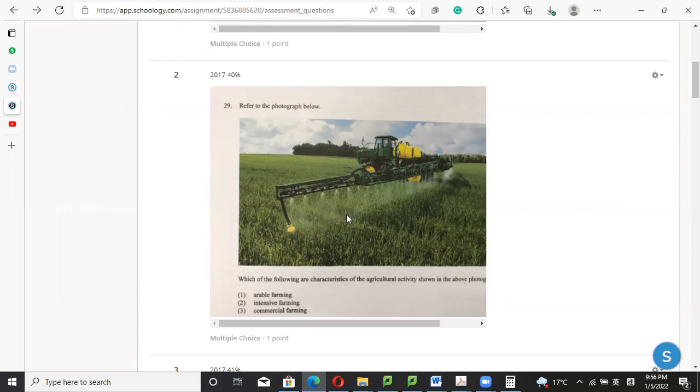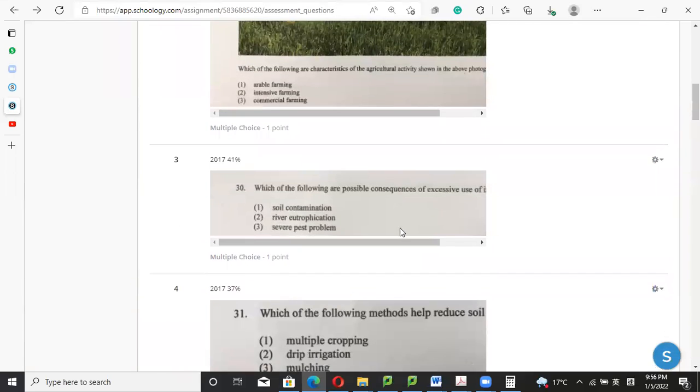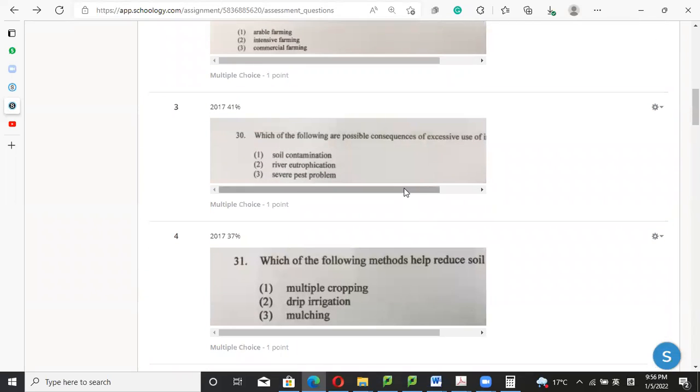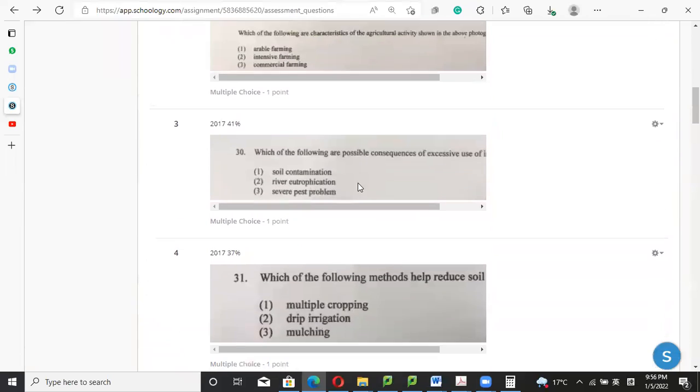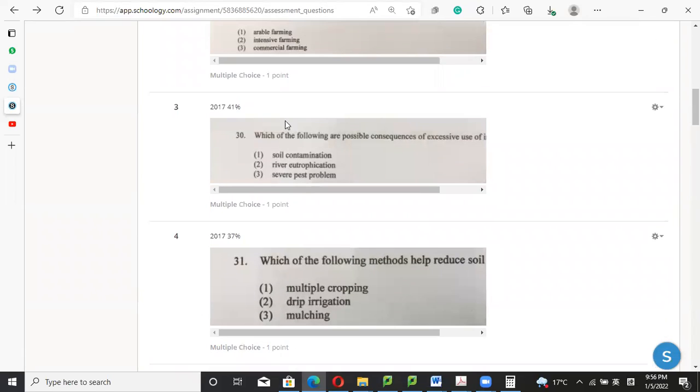If we are talking about farming on a large scale, the farmland is large, then it should be extensive farming. But if we are talking about very small farmland, then it should be intensive farming. Some of you also got it wrong in the post-mod exam, so be careful about this. Number 1 and number 3 only. Number 3 is not intensive, it's extensive.